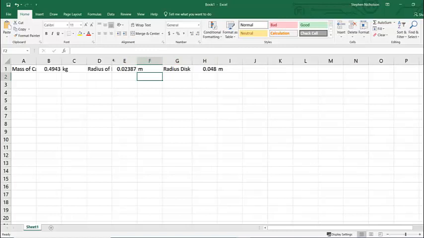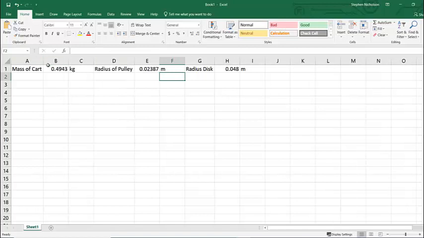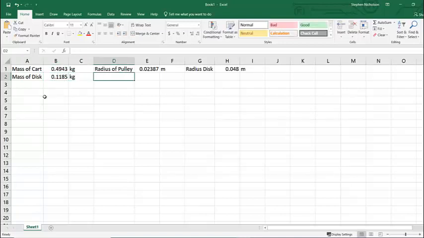I'm going to go ahead and just make these wider by clicking between the columns so we can see everything. Okay, let's go down here. Let's do the mass of the disk. Again, we don't need this, but we're going to put it anyway. 0.185 kilograms.